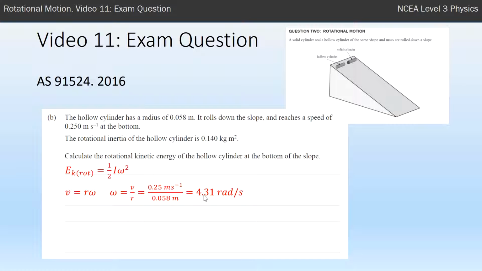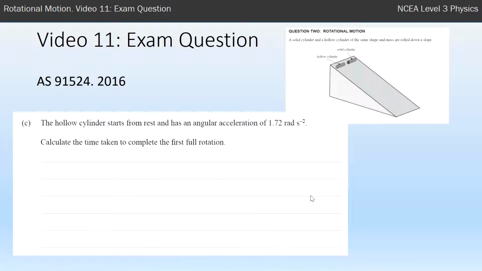And then I can put this omega into my rotational kinetic energy formula, half I omega squared. Put the numbers in, 0.14 times 4.31 squared equals 1.3 joules. To 3 significant figures, because I've got 3 significant figures here and 3 here, although I've only got 2 here. So it would probably be okay to write it as 2 significant figures, which is just 1.3.